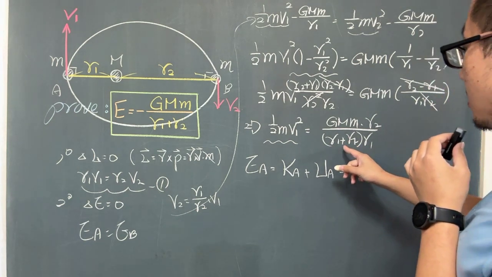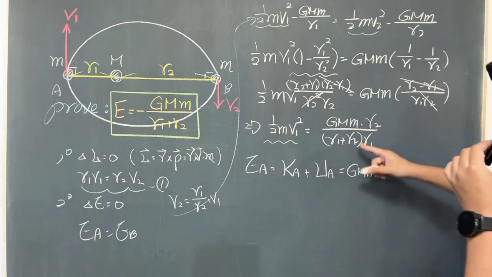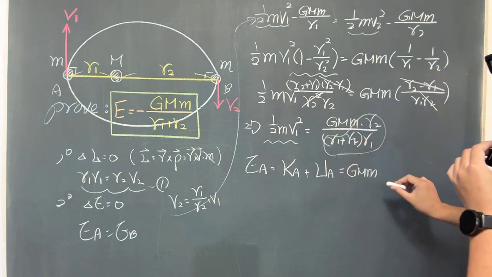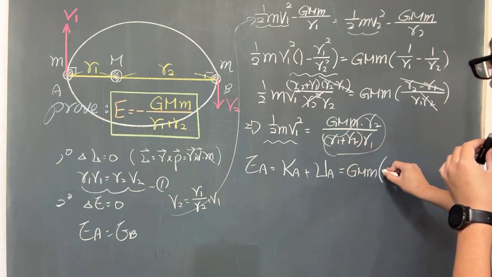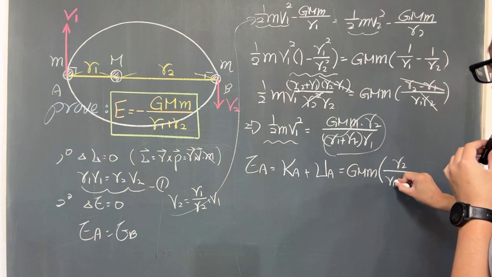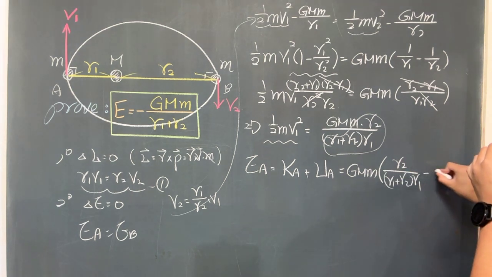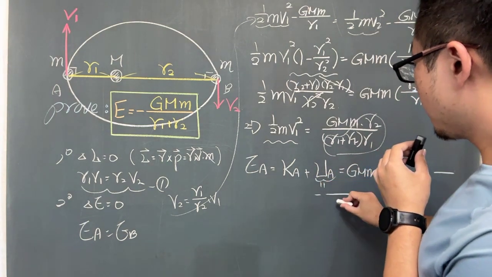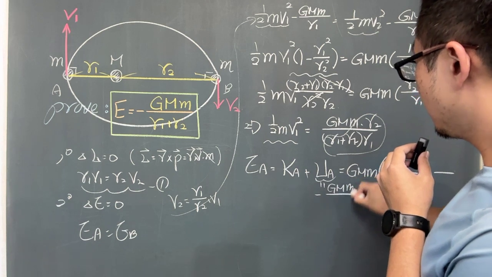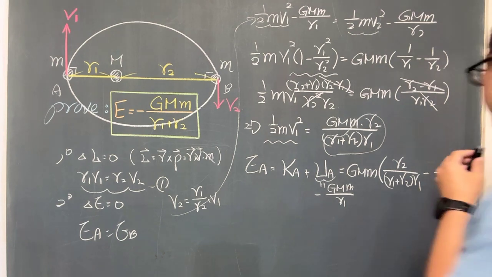The kinetic energy term is G times mass, and I'll take the same term in front. So inside it should be r2 divided by r1 plus r2 times r1, and minus, since the potential energy is minus G times mass divided by r1, right? So I need to cancel the 1 over r1.